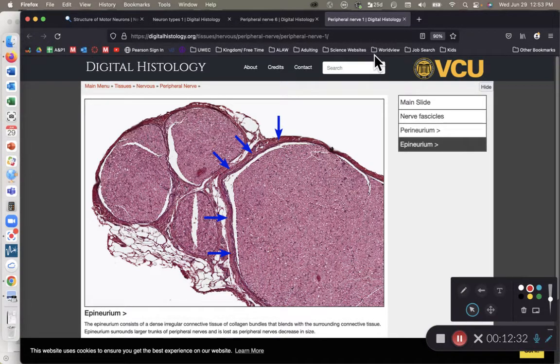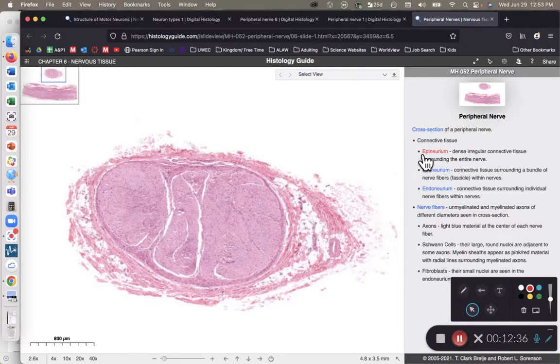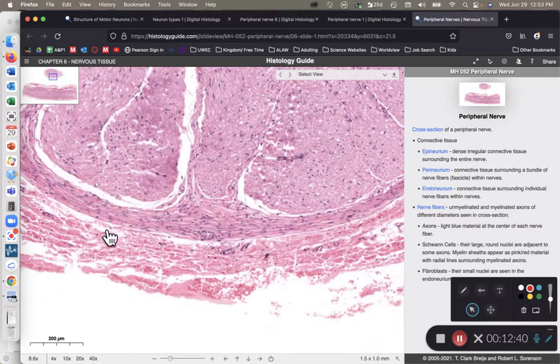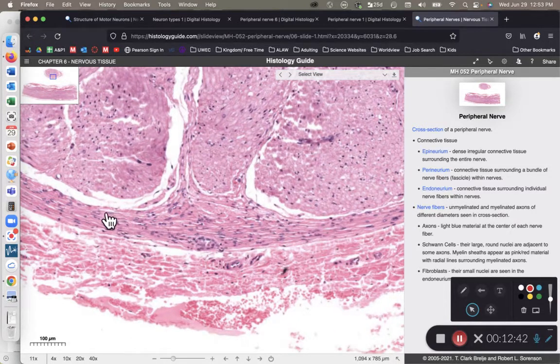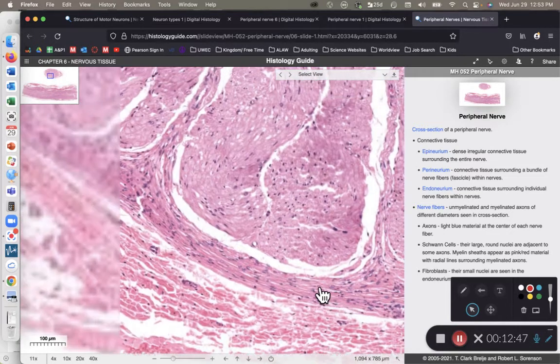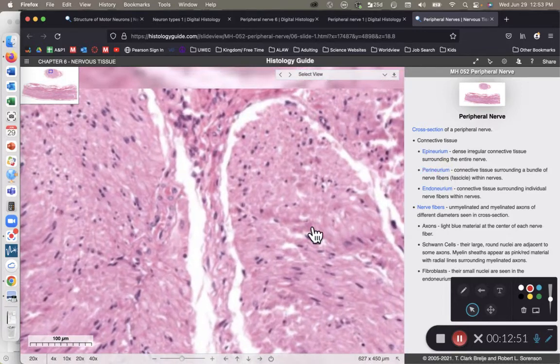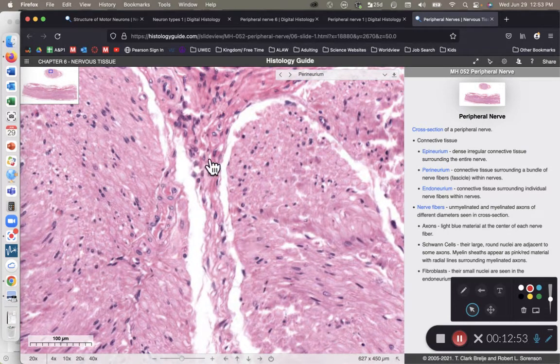So I'm going to go back to our lab objective sheet, just because I have the hyperlink available. So as we look at our epineurium, the epineurium is going to be this dense, irregular connective tissue around the outer edge. And then the perineurium is going to be within, between the fascicles.